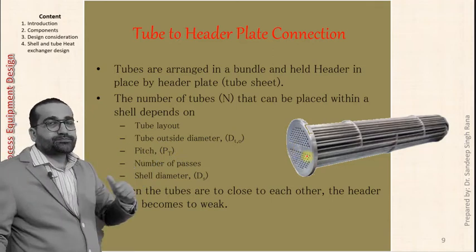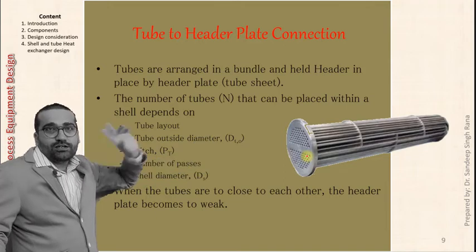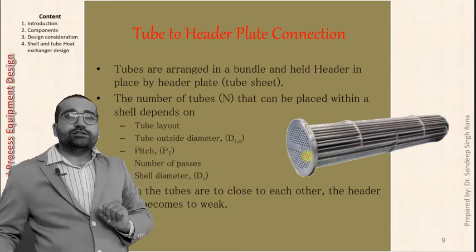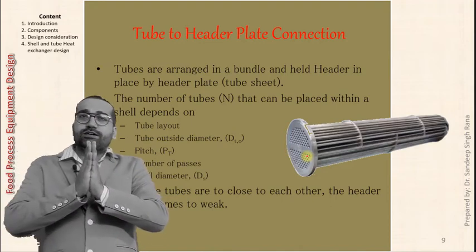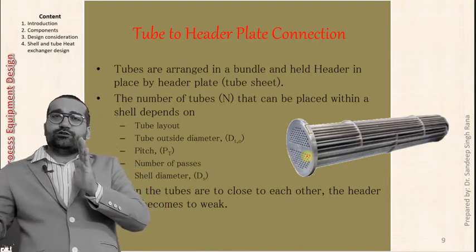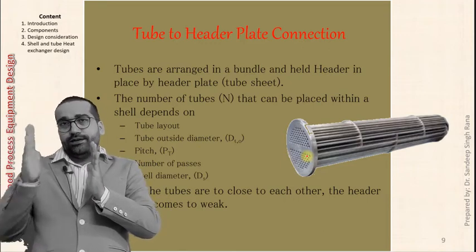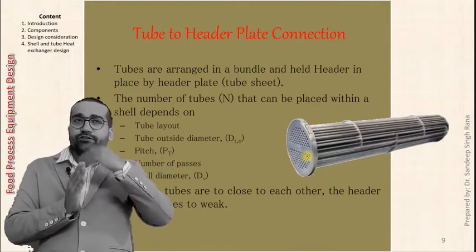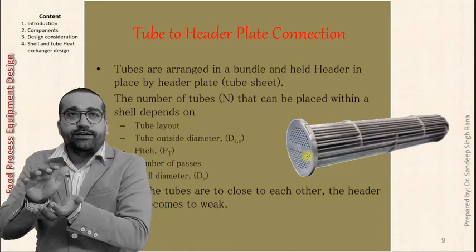The head plate does two operations. First, it holds the shell side fluid at one end and the tube side fluid at the other end. Second, it also provides stability to the tube bundles.